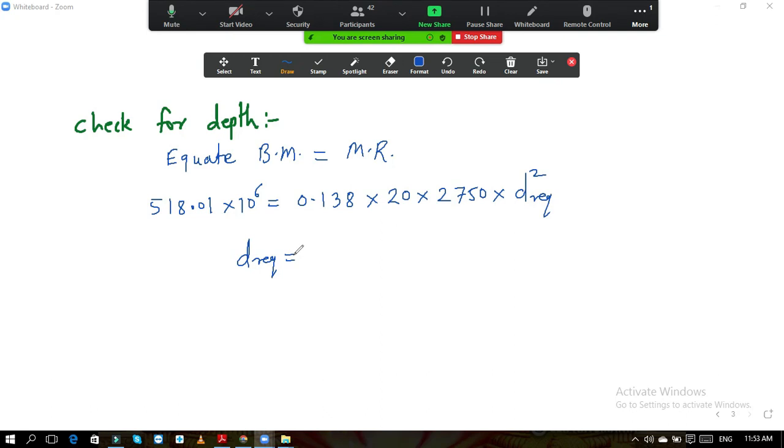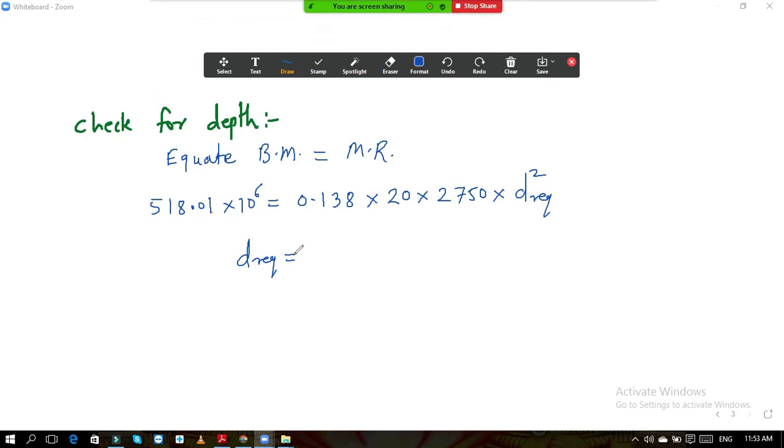This 518.01 into 10 raised to 6 divided by 0.138 into 20 into 2750, square root of the answer. So it is 261.18 mm. Okay.